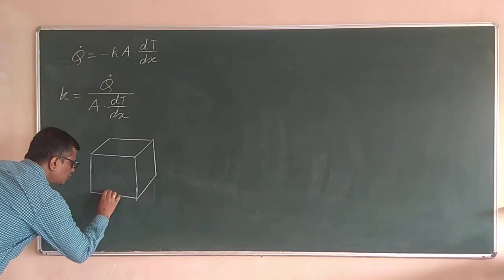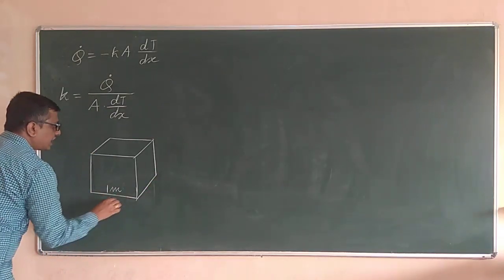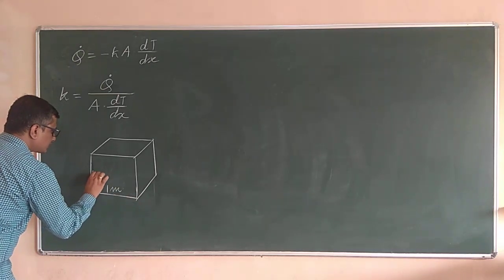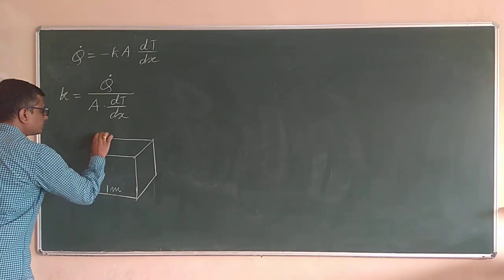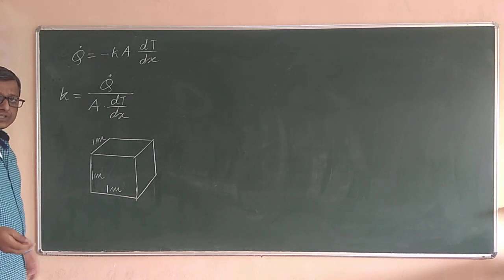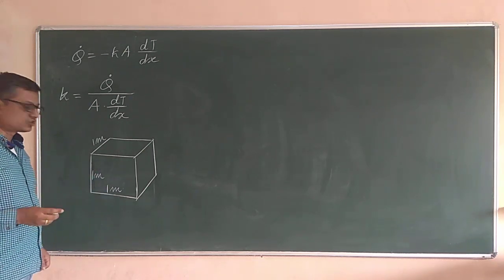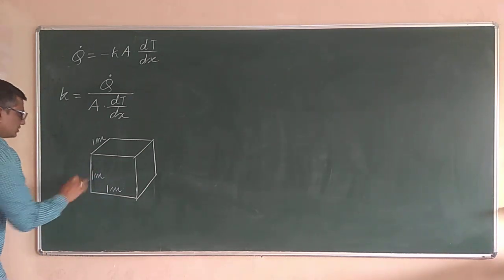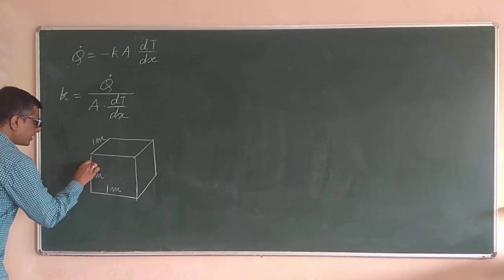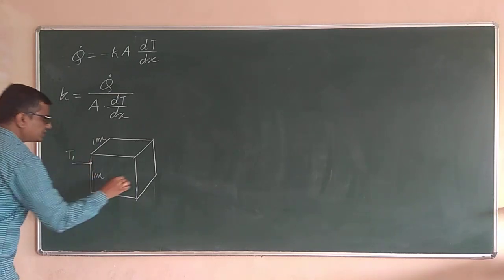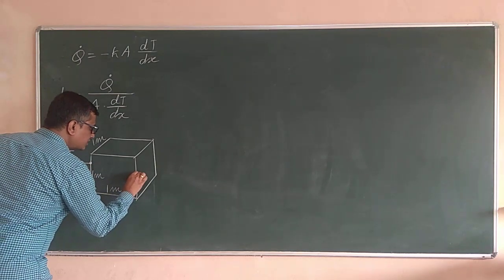So this length is 1 meter, the height is 1 meter, the width is also 1 meter. This is made of that material whose thermal conductivity is to be calculated. This surface is maintained at temperature T1, and this surface is maintained at temperature T2.